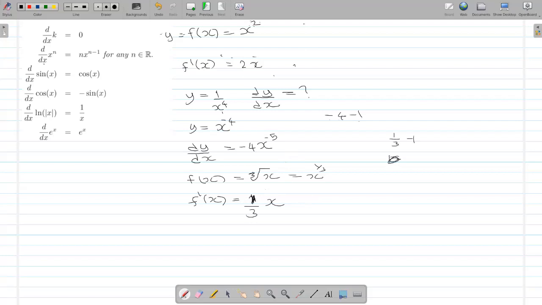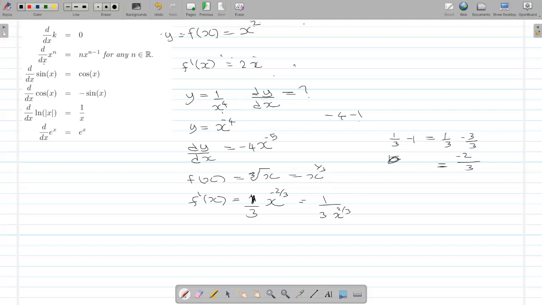If you take the common denominator, 1 over 3 minus 3 over 3, you get -2 over 3. If I want, I can make it positive by taking it back to the denominator and writing x to the 2 over 3.